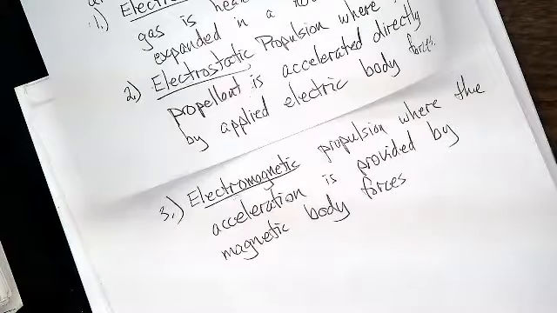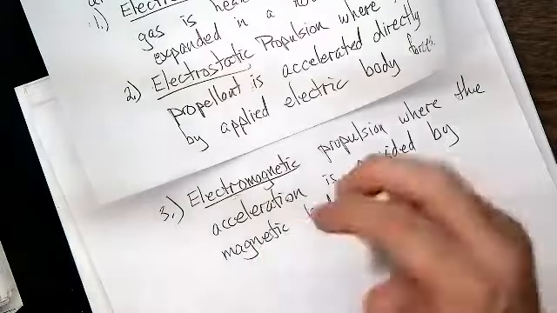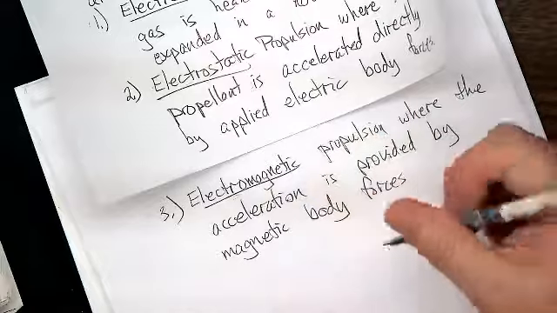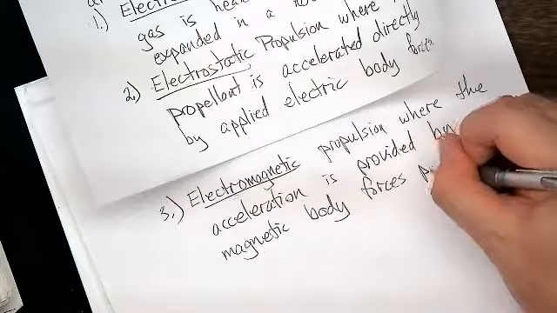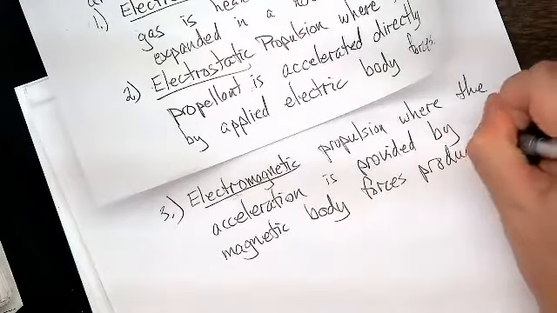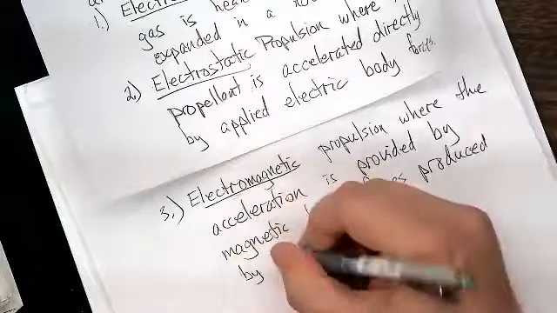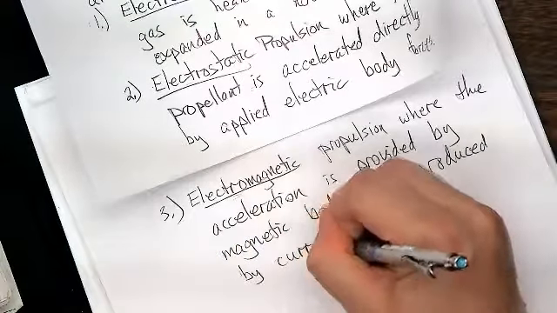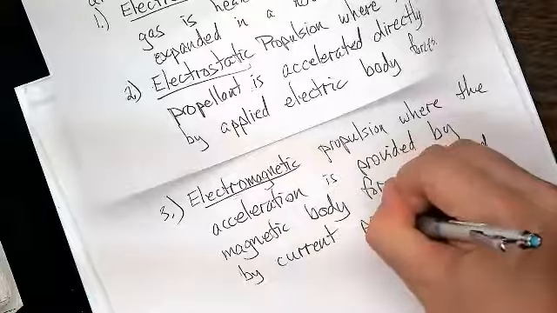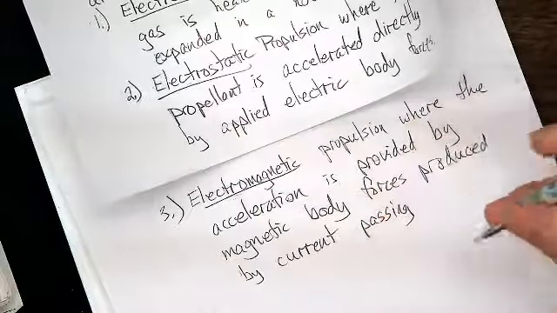And those magnetic body forces are themselves produced by current passing through the propellant.